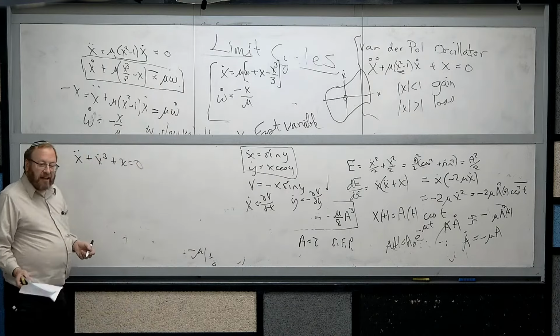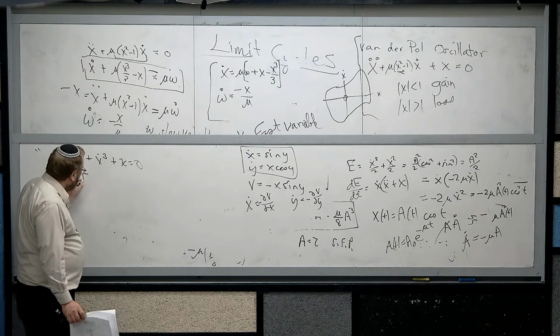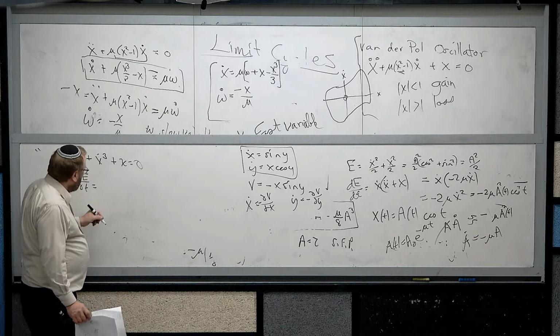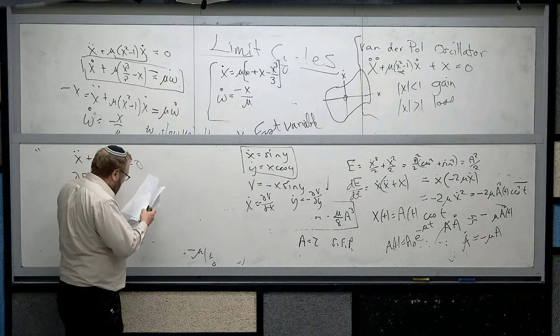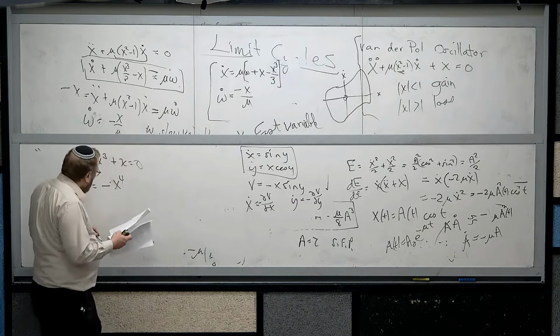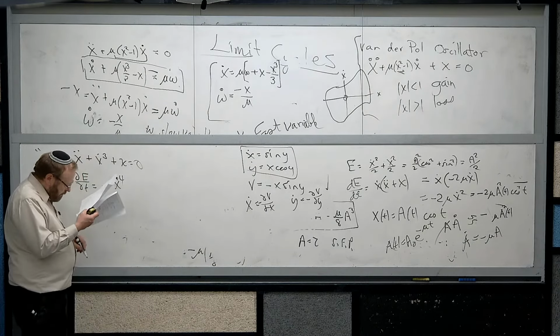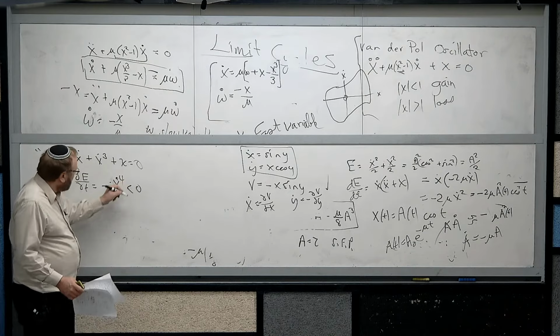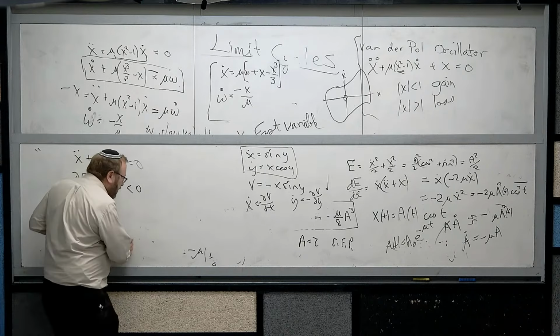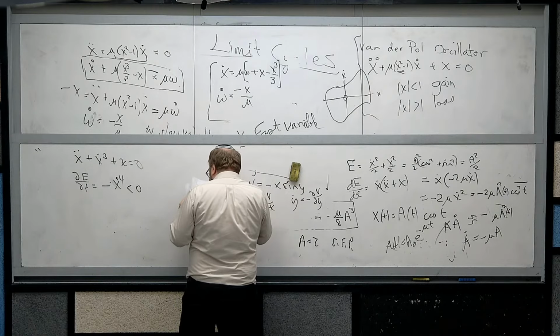This is a non-linearly damped harmonic oscillator, and therefore, again, you can look at dE/dt, and you find that dE/dt is minus x dot to the fourth, and that's negative, so this loses energy, and therefore has to go to 0. What else is there?